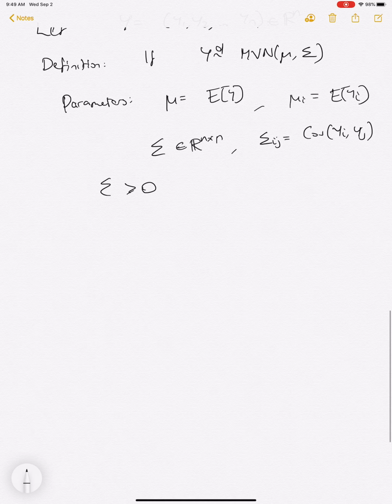So first, let's look at what the PDF, or probability density function, looks like.